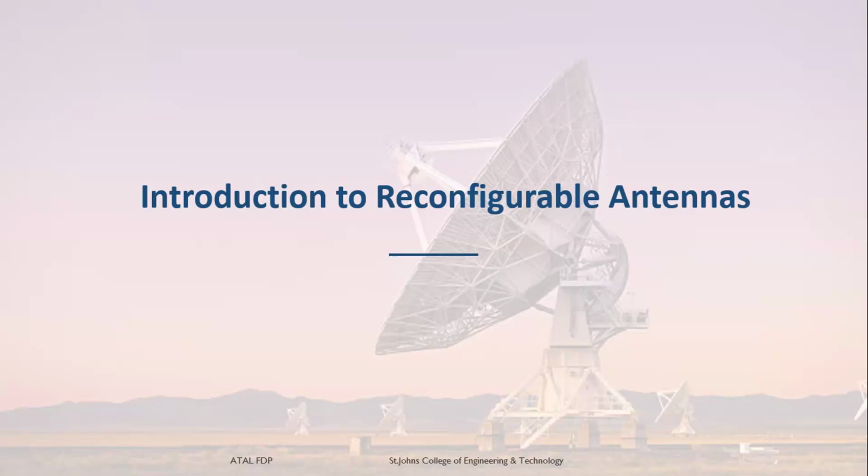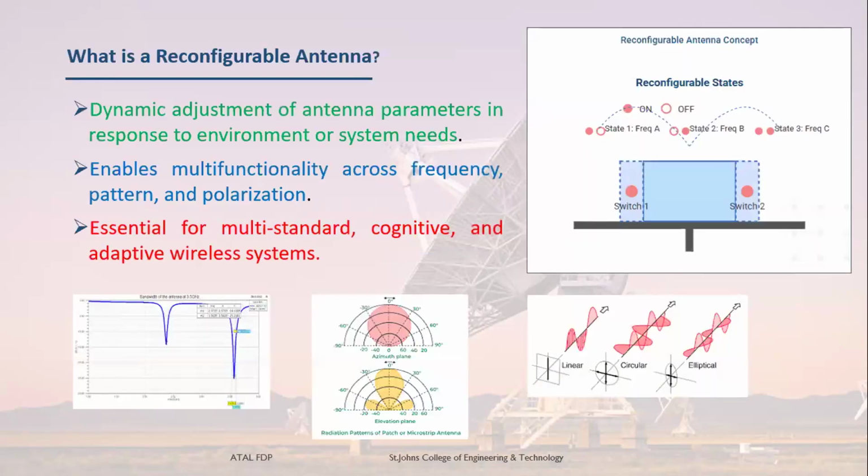Now, in the reconfigurable antenna, how do we adjust these things dynamically? After I design, I must be in a position to adjust these parameters dynamically. I have fabricated, I have installed, even then I am in a position to change the frequency, change the polarization, change the radiation pattern. So that is what we are talking about, reconfigurability.